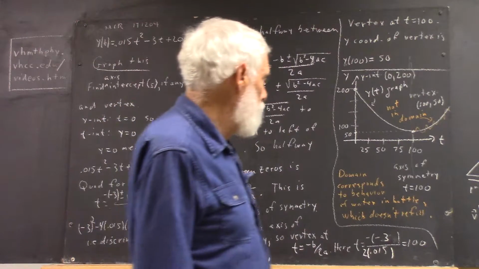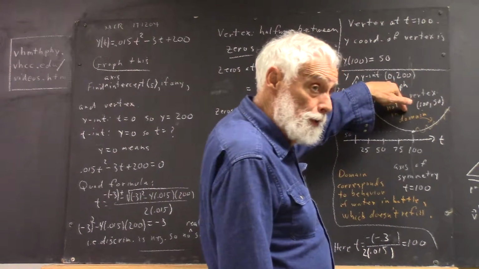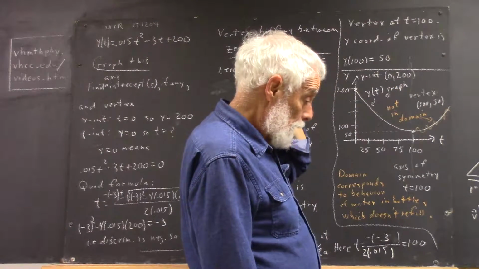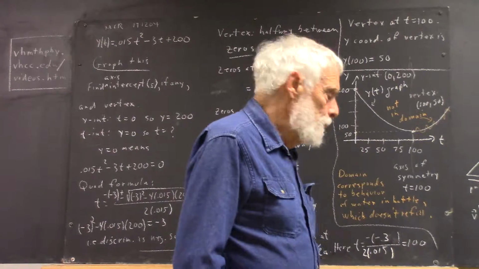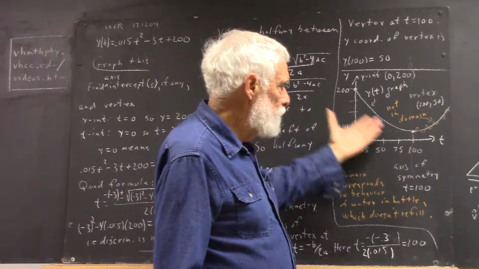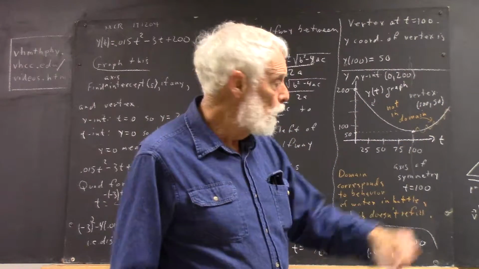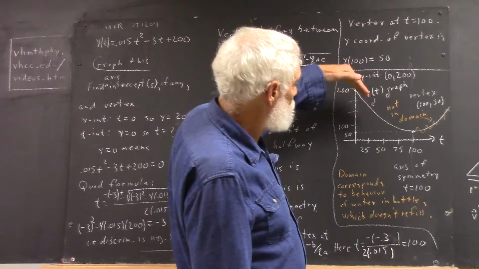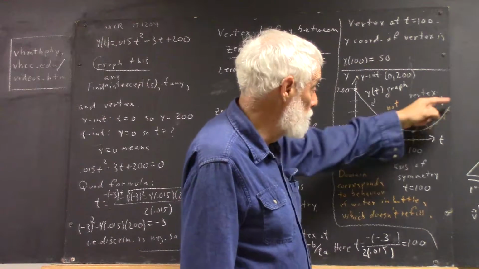Now I also commented that this part of the curve is not in the domain of the function. And why is that? Well, remember this is a model of water flowing out of a cylinder by leaking out of a hole. Water is going to flow out. It's not going to flow back in, but that's what this part of the curve would imply.